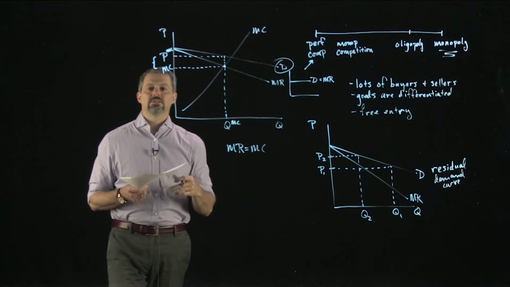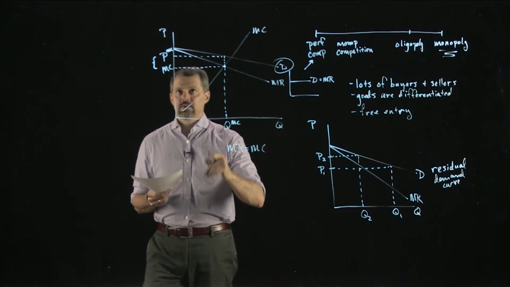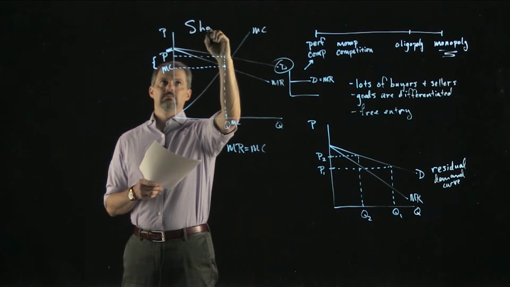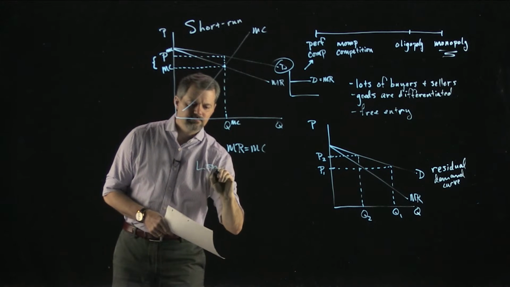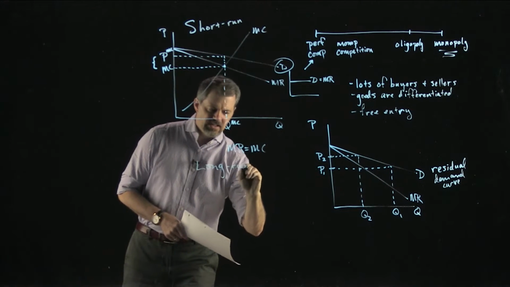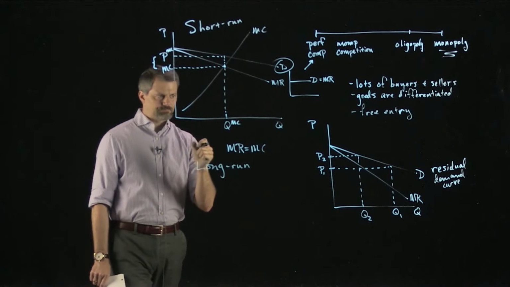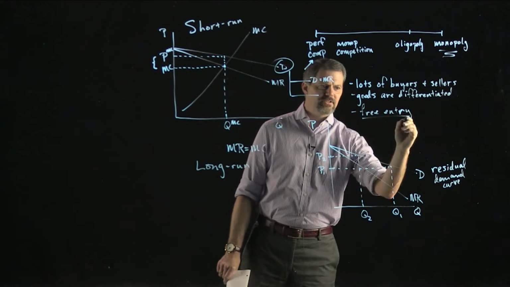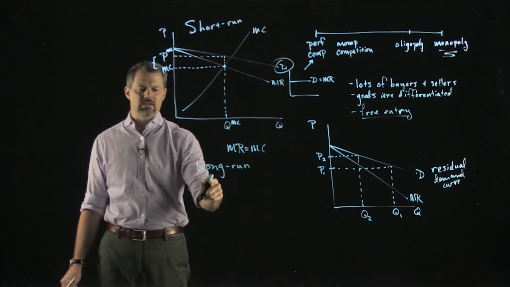What we want to do now is talk about monopolistic competition in the long run. So this is short run. Let's talk about long run. The thing that differentiates the short run and the long run is free entry. In the long run, other firms can enter the market.